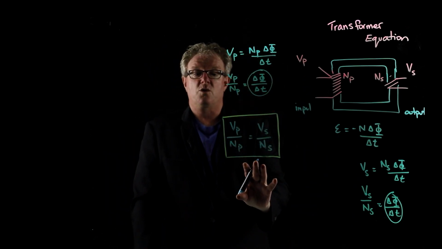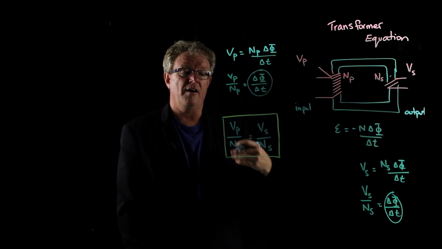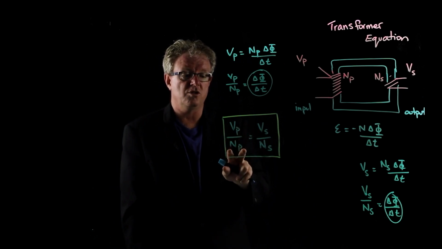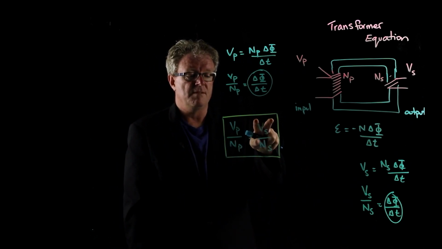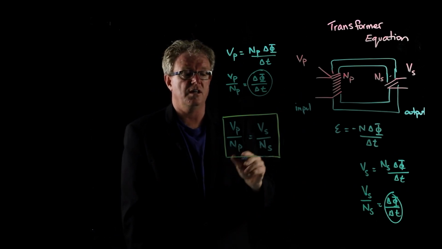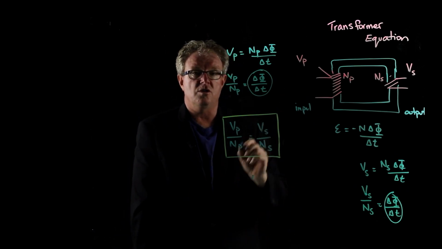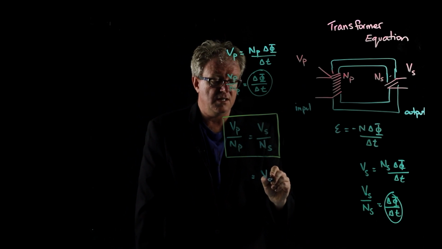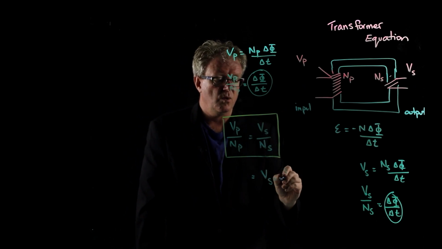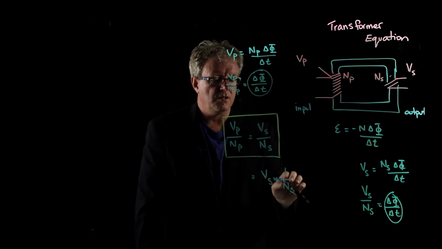So let's rearrange this equation to how it looks on our HSC data sheet, where they have the voltage on one side and the number of coils on the other side. We know that the numerator is just VS times by 1 over the number of coils.